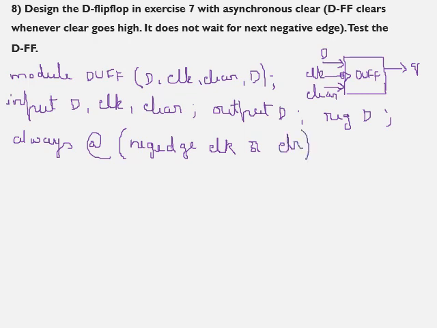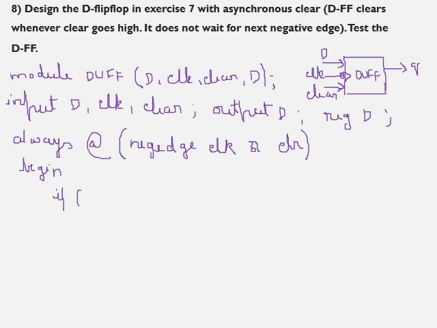So either the negative edge of the clock, or there is some event occurring on clear. Either clear becomes 0 from 1 or 1 from 0. Either is treated as an event. So in either case, this always block is to be triggered.